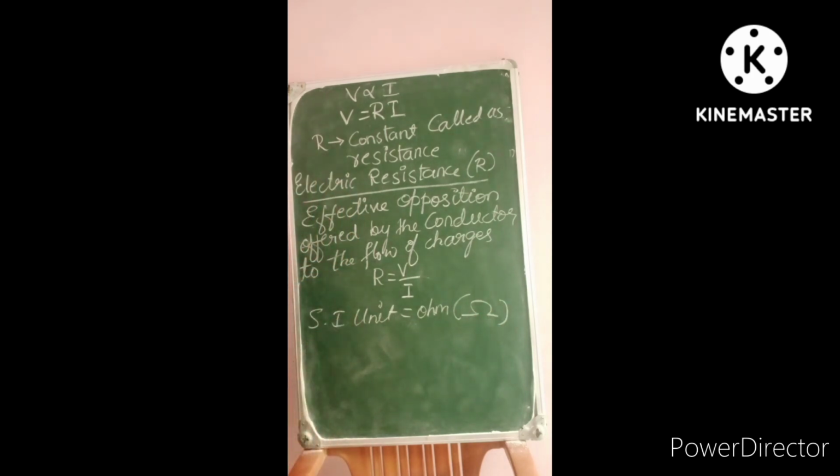The resistance of a conductor is said to be 1 ohm if 1 volt of potential difference across the conductor produces a current of 1 ampere.